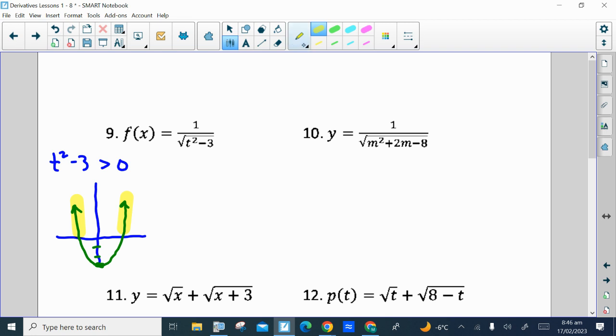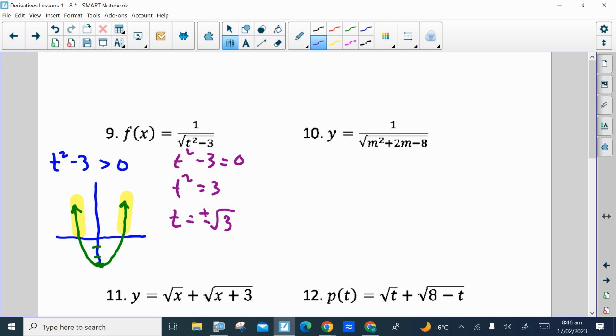And we can do that by going back and solving where t squared minus 3 equals 0. That'll give us the x-intercepts. So this we can do by adding 3 to both sides. And remember, when you take the square root of both sides and you're solving an equation, there's always the positive and negative root, because there's two x-intercepts, one negative, one positive.